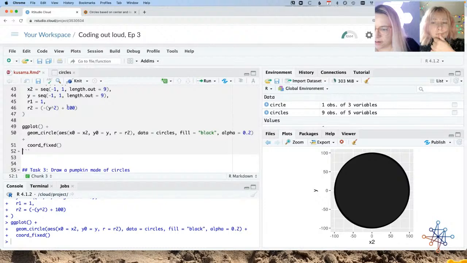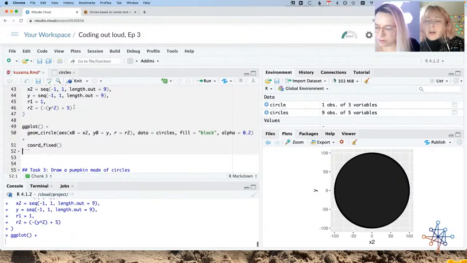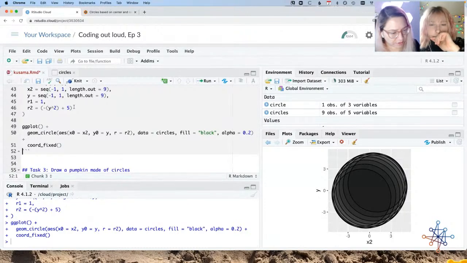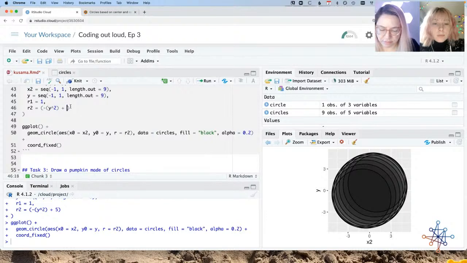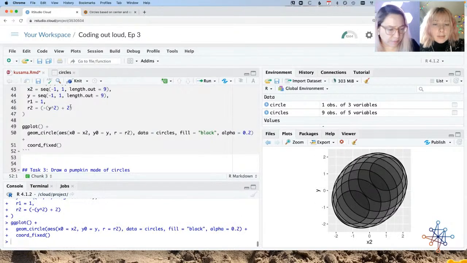Hmm. That doesn't seem right. What if we put it a bit smaller, like one? Oh, there we go. Something is happening. That does look like it's maybe giving us what we want. I like the way that looks right now. Let's make them smaller.